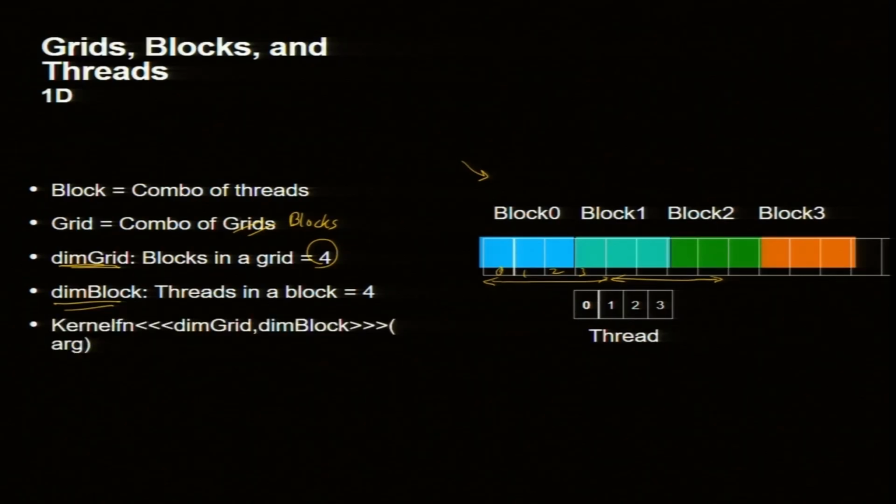We saw this before: how do I start a kernel on the GPU? This is a function which will run on the GPU, called a kernel function. It requires 2 arguments: dim grid, which gives the number of blocks, and dim block, which is the number of threads. There are reasons why they are organized this way.